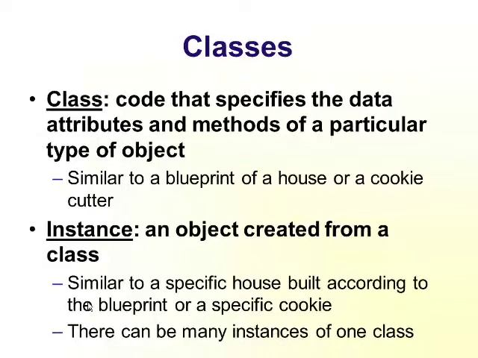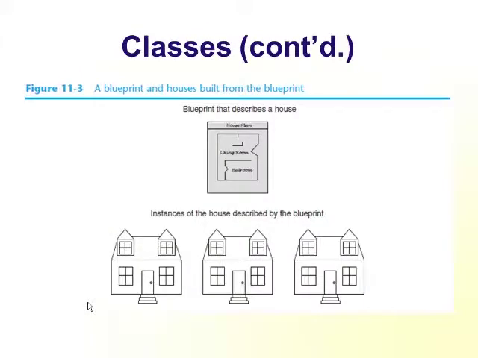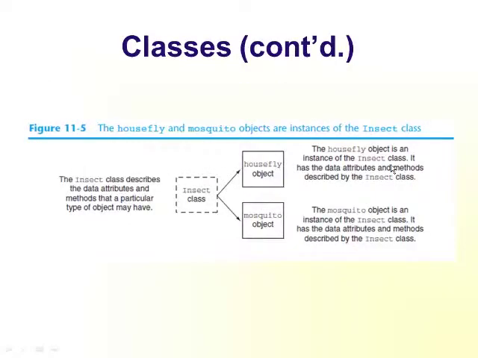So when we say create an instance of the object, it's an object created from the class. When we create a house from this blueprint, this is an object created from this class. This class defines the basic attributes of this object. Okay.